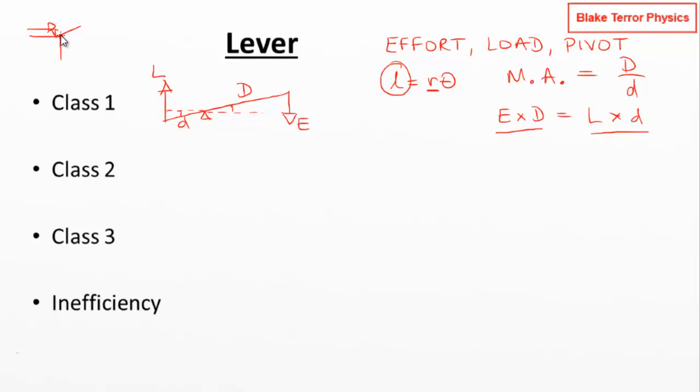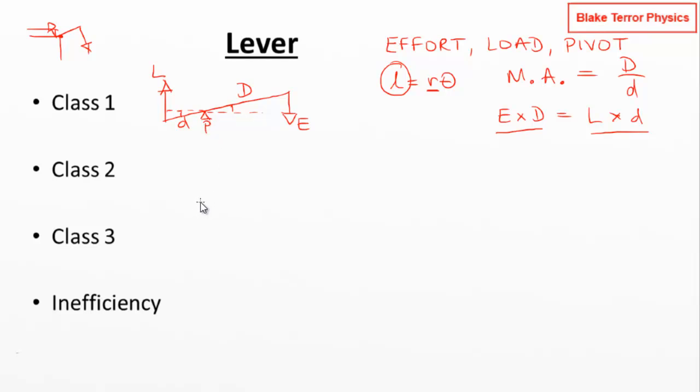We've got our pivot point here, very close to the load. We're flexing and pivoting our lever around the edge of the can, or the rim of the can, and then we've got our effort, which we're applying at the other end of the lever. So we're getting a large mechanical advantage here, because the load is so close to the pivot point. So that's our class 1 levers, which has got pivot in the middle.